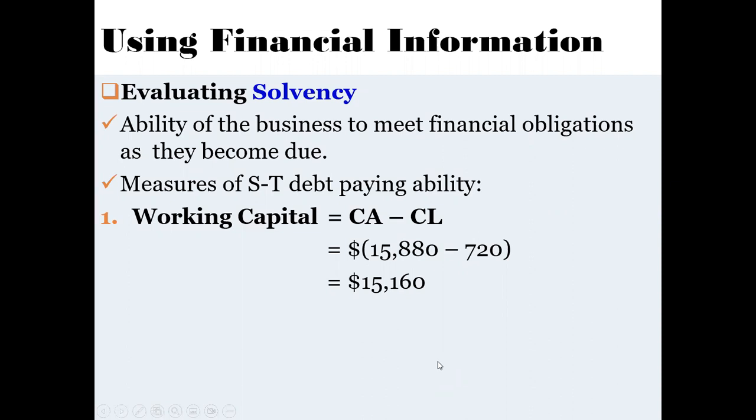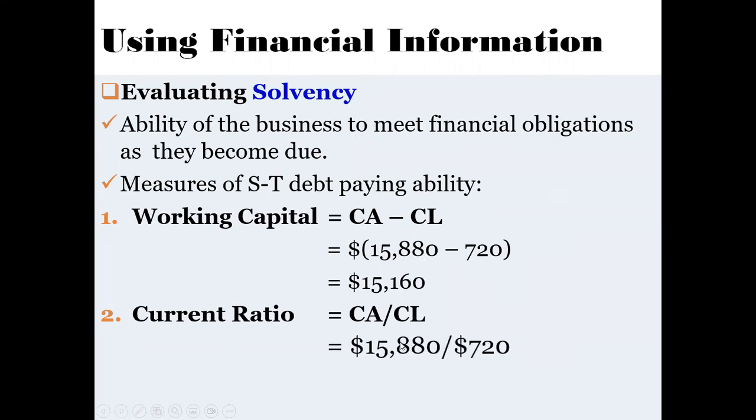The second measure, still dealing with current, is what we call our current ratio. Our current ratio is equal to our current assets divided by our current liabilities. So here, guys, our current assets, 15,880. Our current liabilities, 720. So here we go.